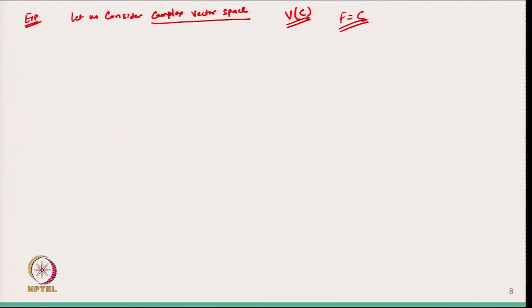Now, let me choose the set S, that is, I just take 1 and i. Now, I want to check whether they are linearly independent or linearly dependent. So, I will take the linear combination.